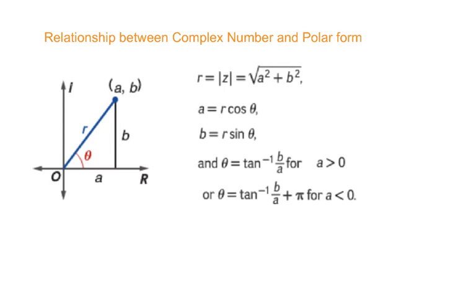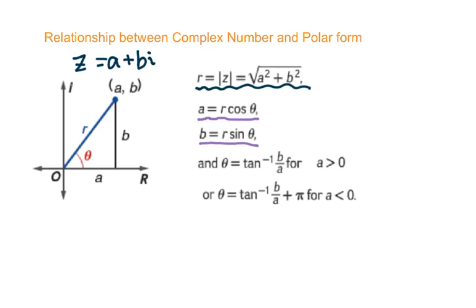Therefore, the relationship between a complex number and its polar form is like this: r is the square root of a squared plus b squared for a plus bi, and a equals r cosine theta and b equals r sine theta.